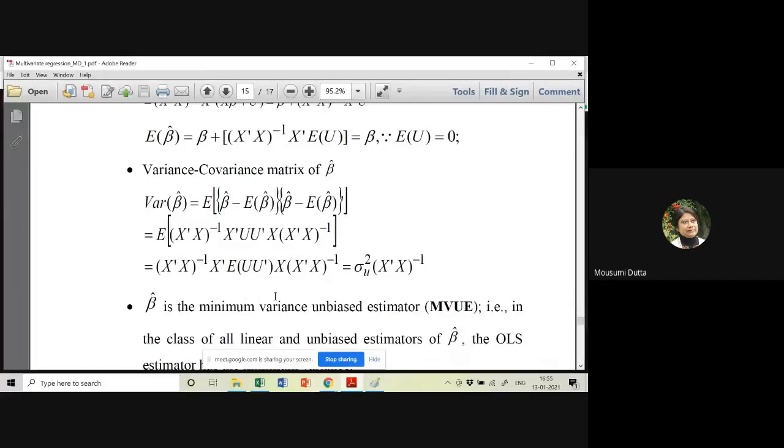Now what we need to do is consider any other estimator. This is the OLS estimator, X prime X inverse X prime y.